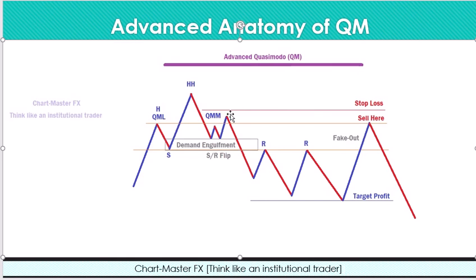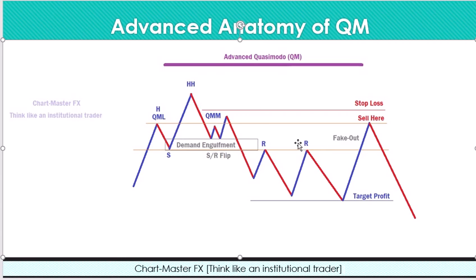So you can see that as the price is approaching the Quasimodo level, there is a fake out that happened, and this usually happens to induce the breakout traders to think that the price is going up, and also to hunt for stop losses of the retail traders who put their stop losses just above the resistance line.